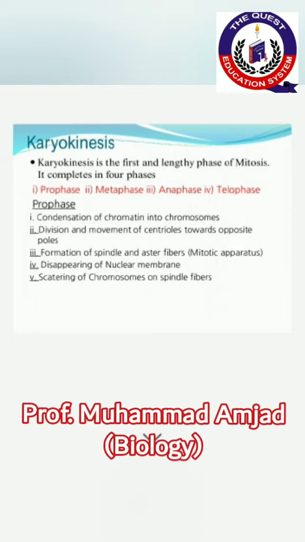Karyokinesis is the first and lengthy phase of mitosis. So it is further divided into four main subphases. The first one is prophase, second is metaphase, third is anaphase, and fourth is telophase. Prophase is the first phase, and in this phase the main changes are condensation of chromatin into chromosomes, division and movement of centrioles towards opposite poles, and formation of spindle and aster fibers, which is also called the mitotic apparatus.